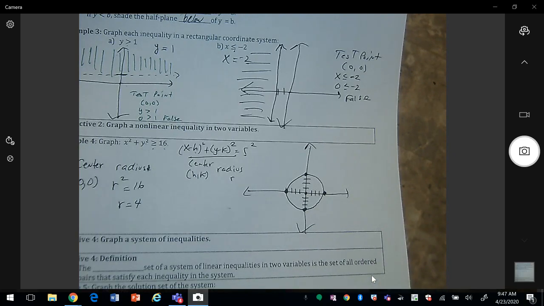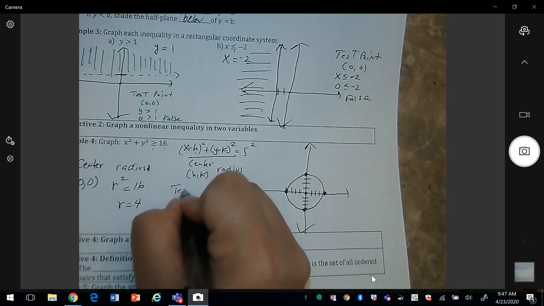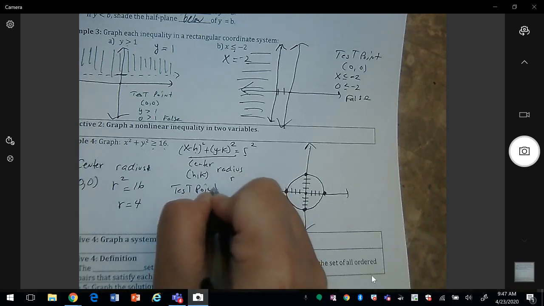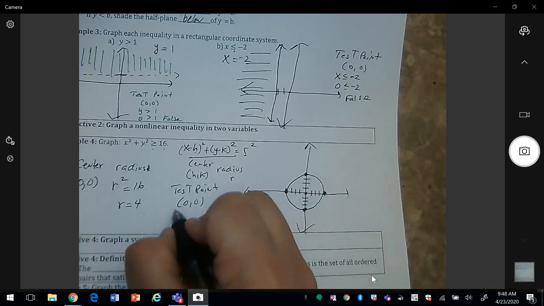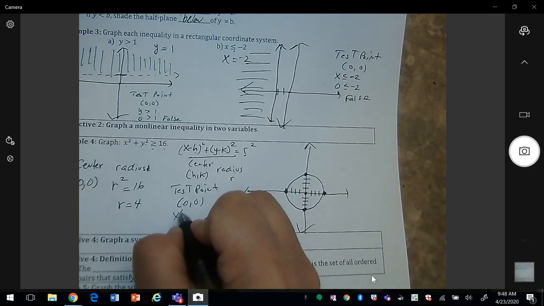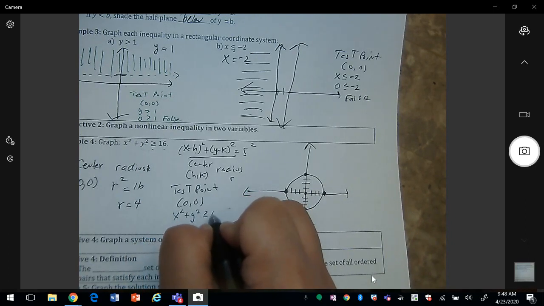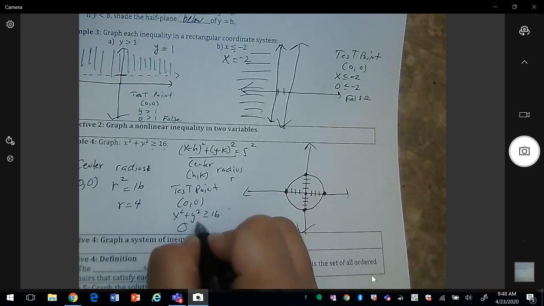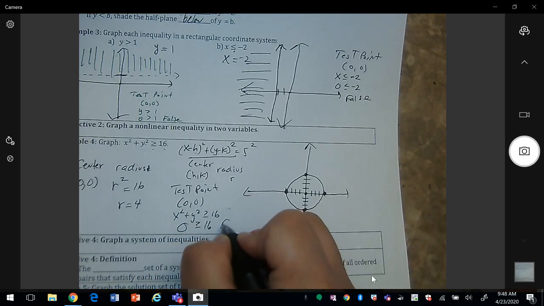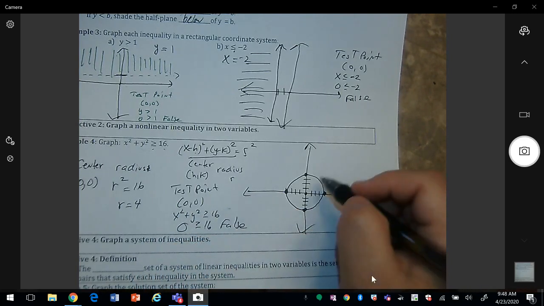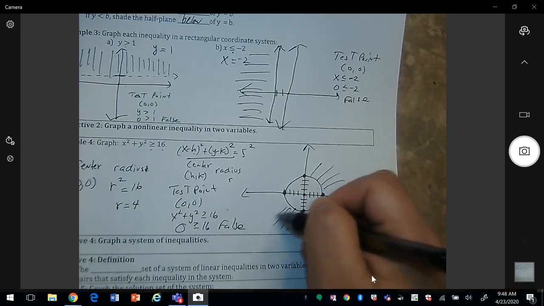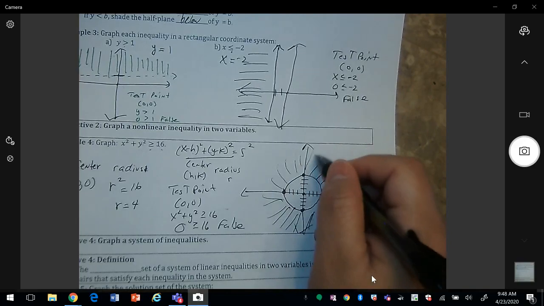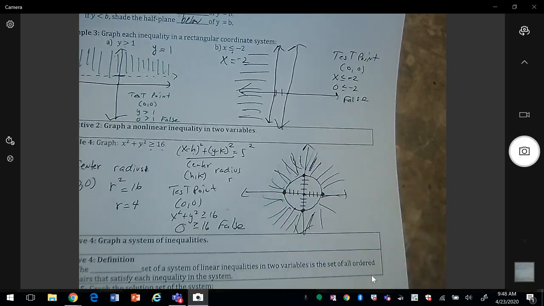And then we need to choose a test point. You can use 0, 0 in this case because it's not part of the actual line. So here I would get 0 is greater than or equal to 16. That's a false statement. So that means I shade on the opposite side. So it's going to be everything on the outside of the circle is my solution.